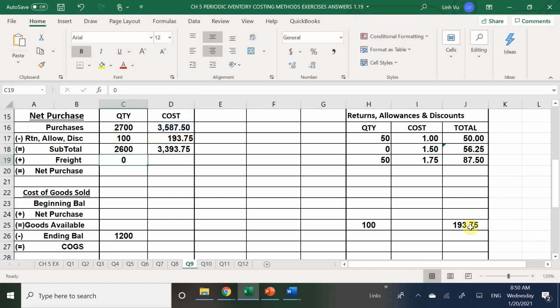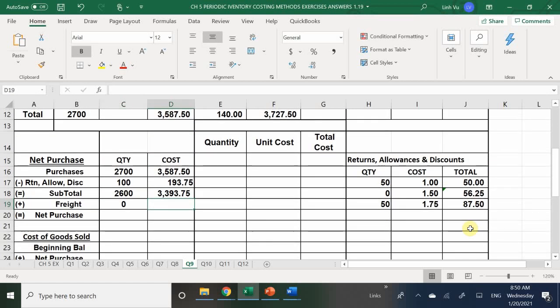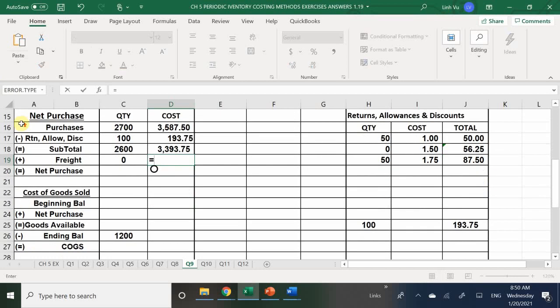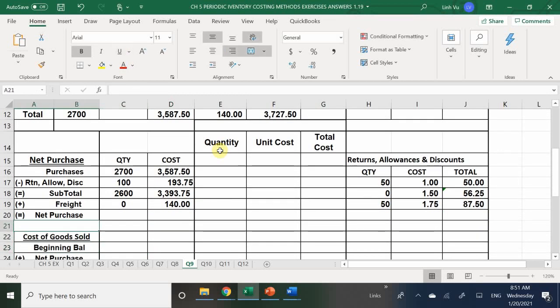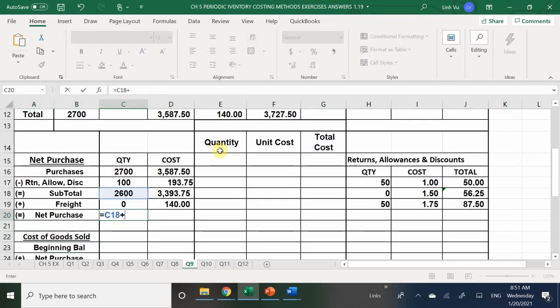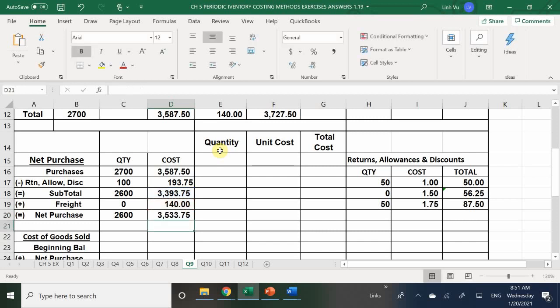$3,393.75. We know that freight doesn't affect quantity, but it does affect our total cost. Okay, so here, what is our net purchases going to be? 3,533.75.